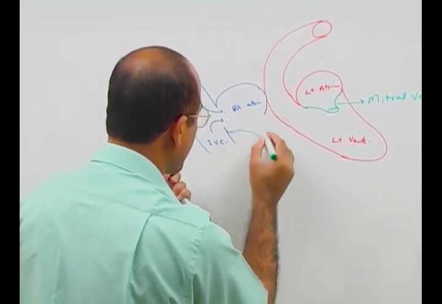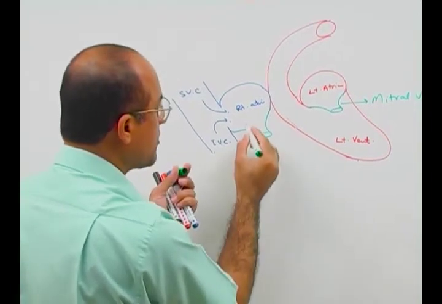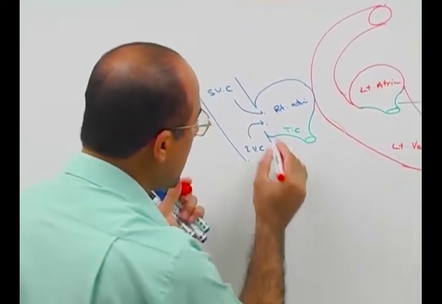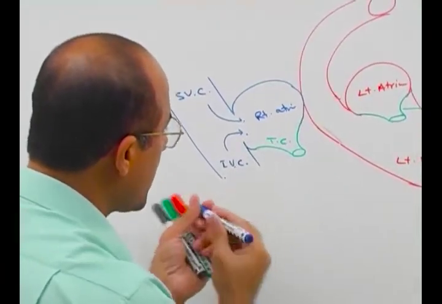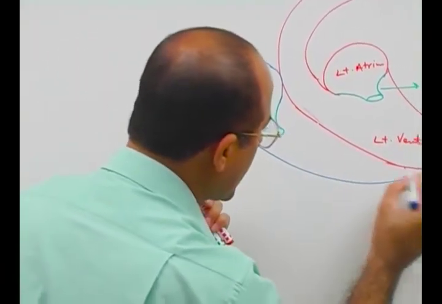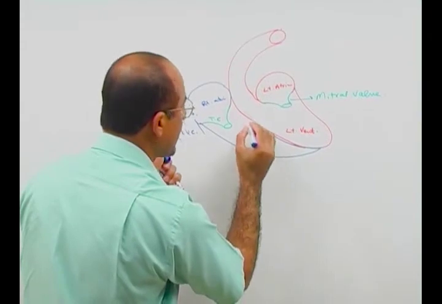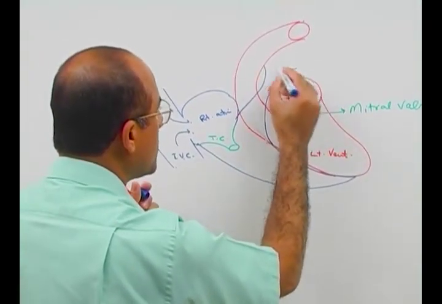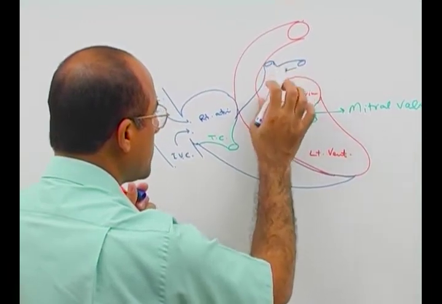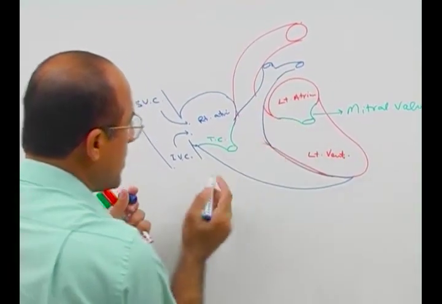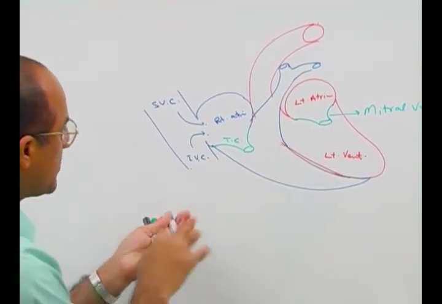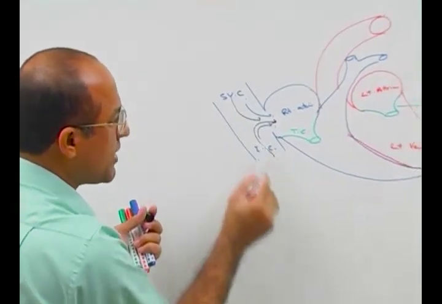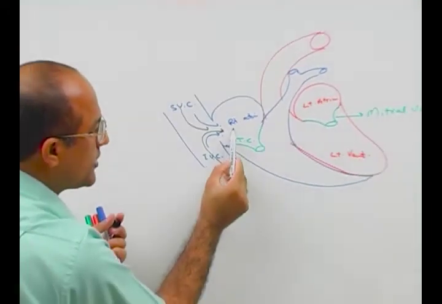Yes, tricuspid valve. Through the tricuspid valve, it is going to the right ventricle. Again, blood is coming from all over the body through the superior vena cava and inferior vena cava into the right atrium.